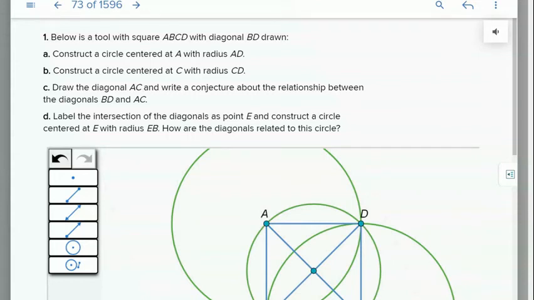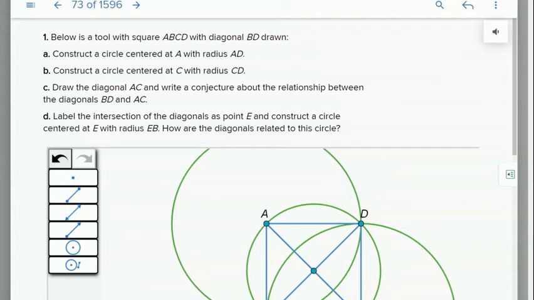How are the diagonals related in the circle? So these diagonals are what in reference to that circle that we just created? All right, so hopefully you thought about it, you paused the video, and you were like, okay, what do the diagonals have to do with the radius or with the circle?